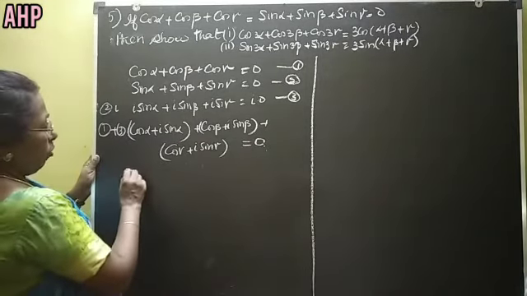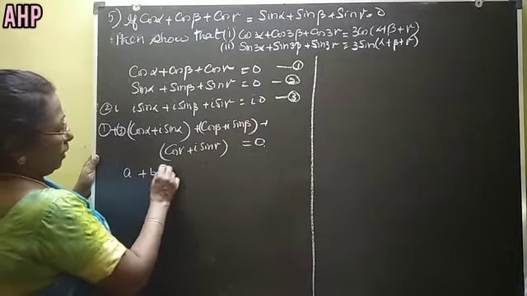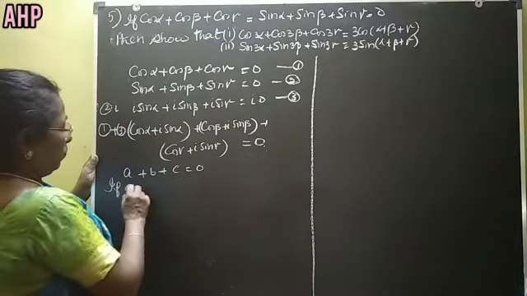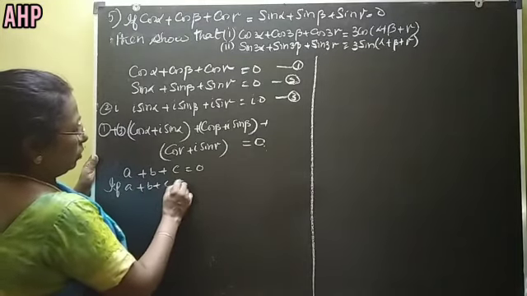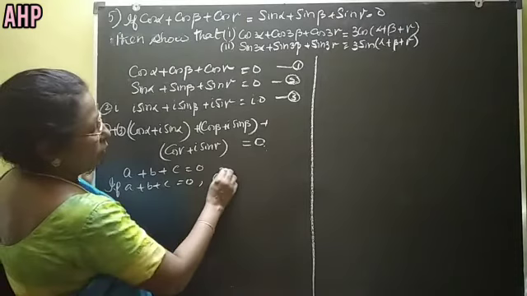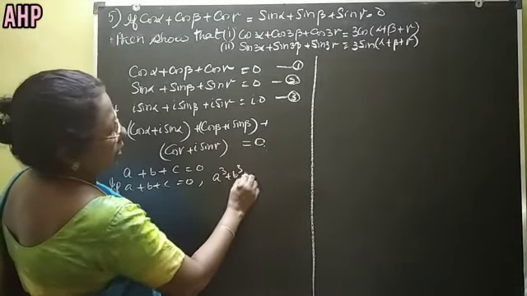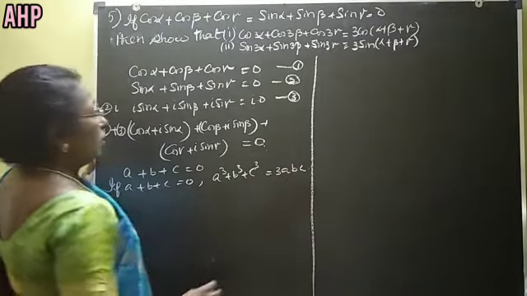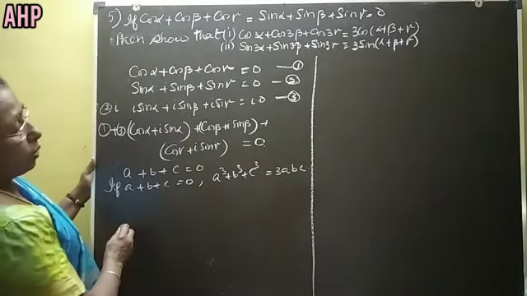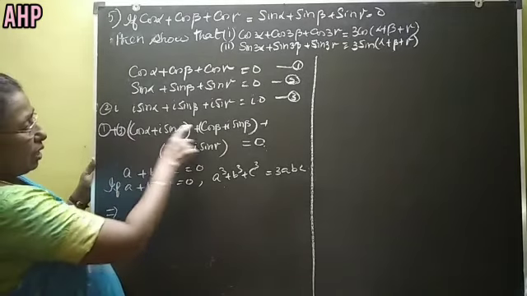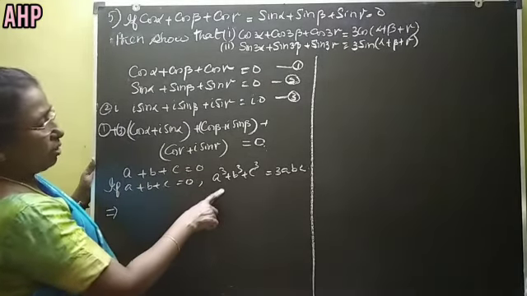Now this is of the form A plus B plus C equal to 0. So if A plus B plus C equal to 0, the algebra formula we have is A cube plus B cube plus C cube is equal to 3ABC. We know that. So using this formula we get, now we have this is A, this is B, this is C. This is equal to 0.